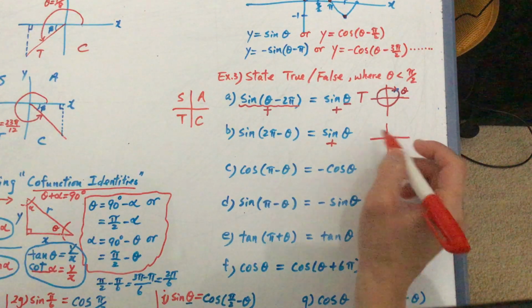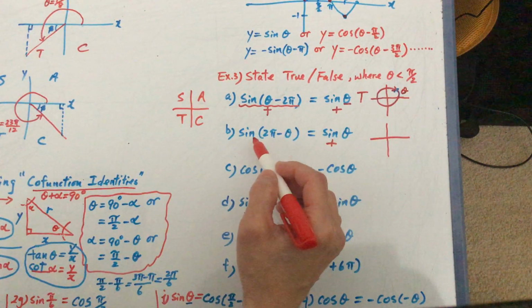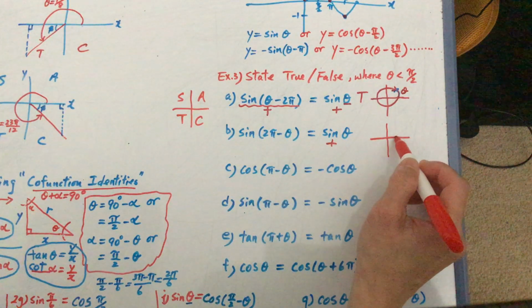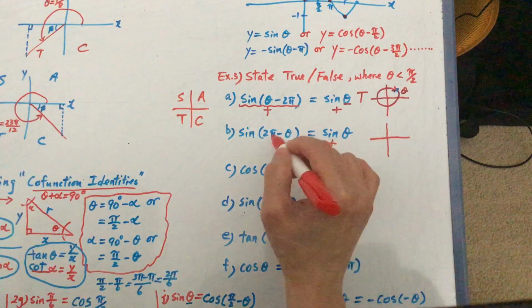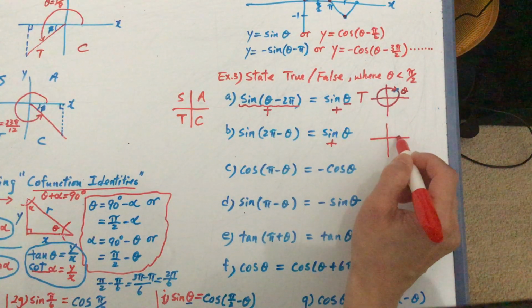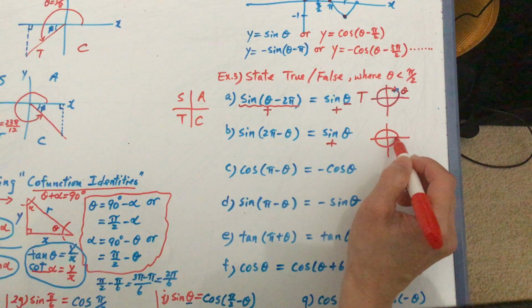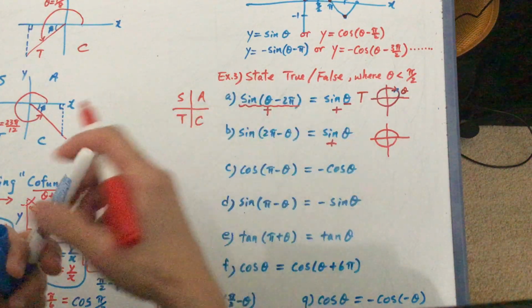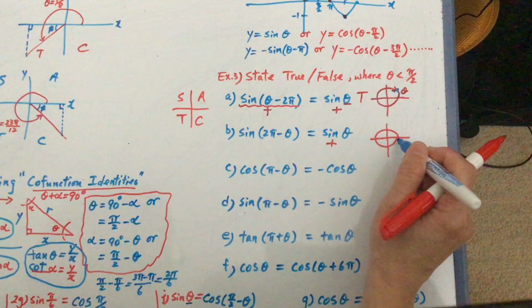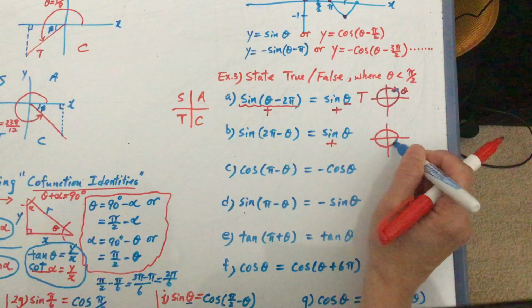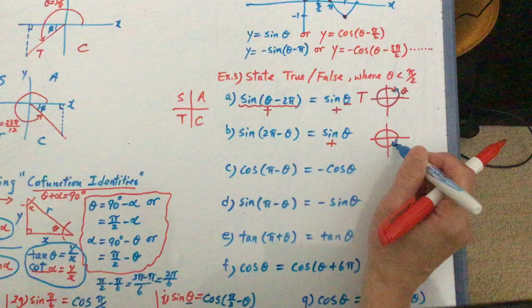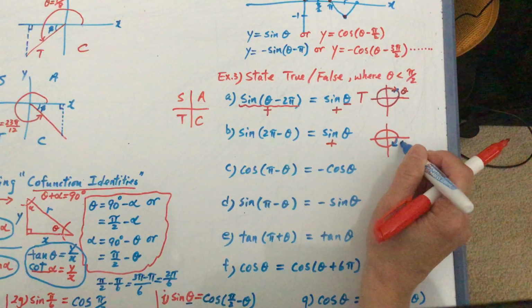But on the left side here, if I start from the initial position and I have 2 pi first, I go from here, 2 pi will go into here. But then, because of the minus theta, I have to go from here and go back to the negative position for this much of the theta.